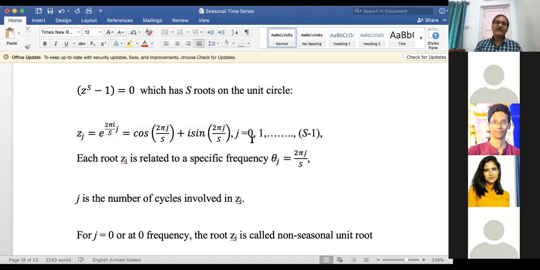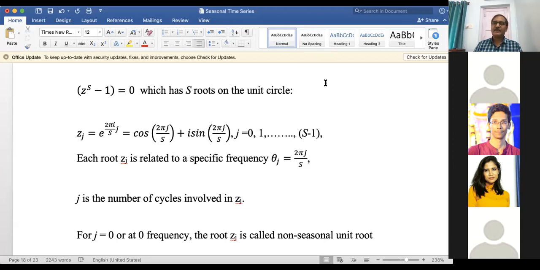So how do we get the concept of a cycle? The concept of a cycle is related to the concept of unit root. Unit root is the value of the characteristic root on the unit circle. If you draw hypothetically a circle with radius equal to 1, and if the value lies exactly on the circle, then the root will be called the unit root.